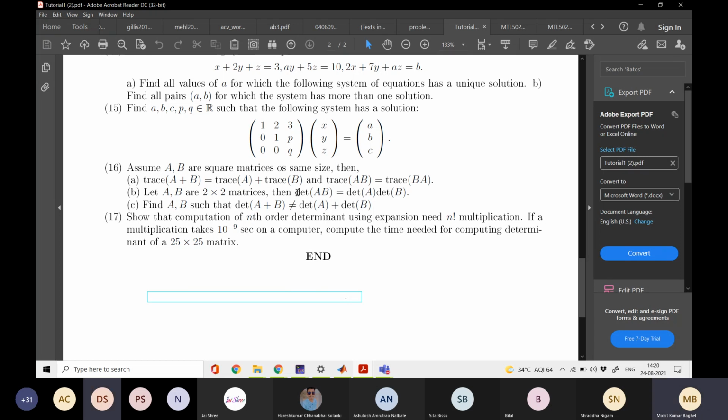A matrix with a11, a12, a21, a22, and B matrix with b11, b12, b21, b22. Then find AB, then multiply by matrix multiplication AB.